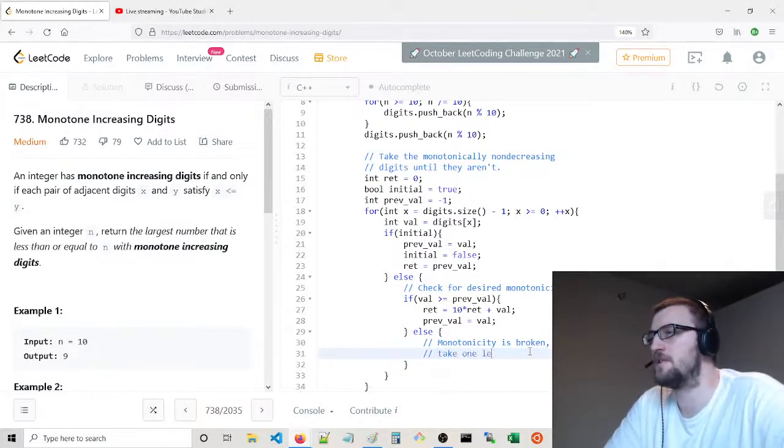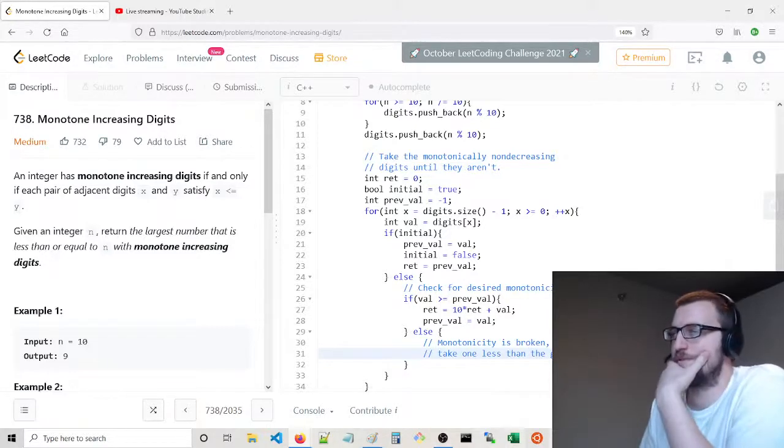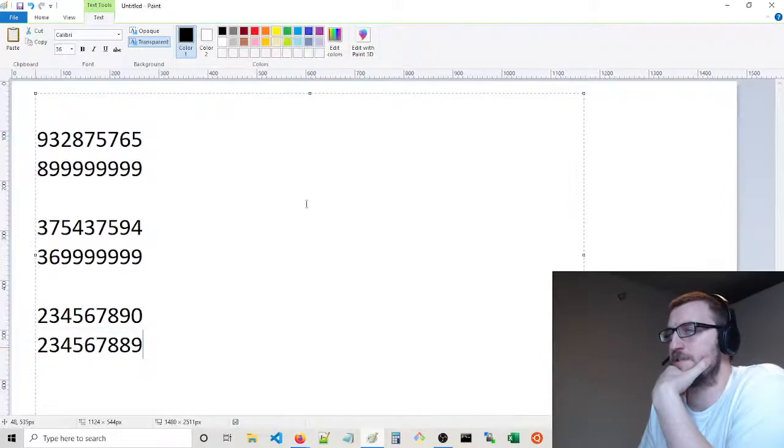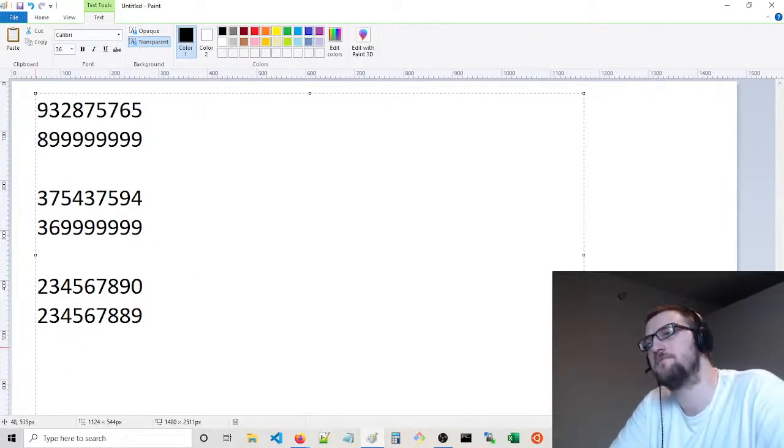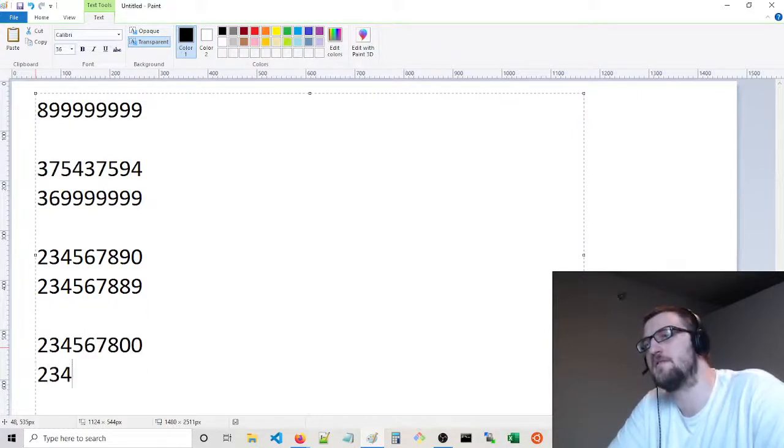Take one less than the. Now there could be a problem here, right? You could have, it could be a 0. Look at this algorithm now, realizing. What if the next value is a 0? Like this.